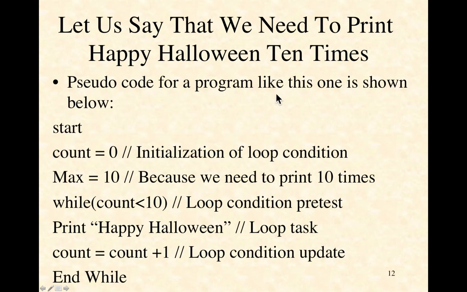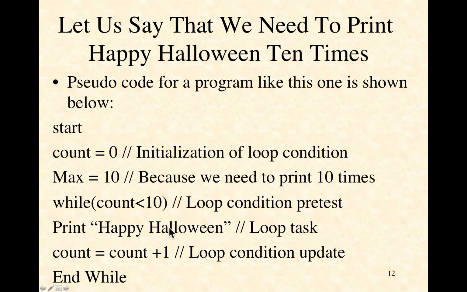And the pseudocode will look like this. The start, count equal to 0. This is the initialization of the loop condition. Max equal to 10 because we need to print 10 times. While, the word while, count is less than 10. This is the loop condition pretest. Print Happy Halloween. This is the loop task.